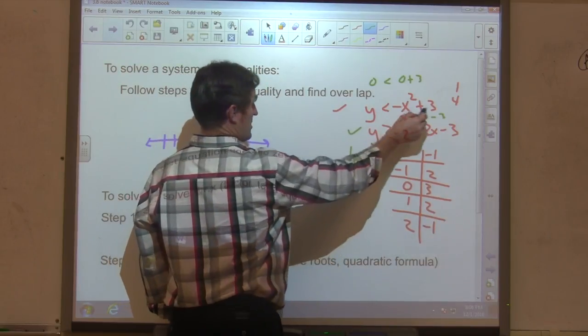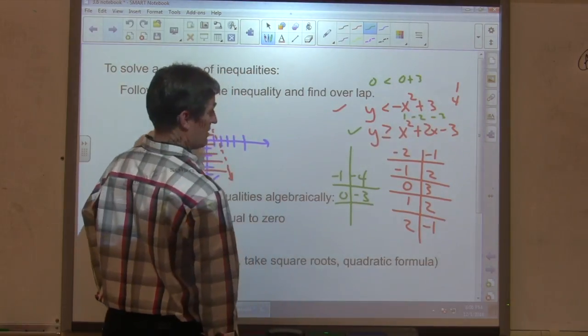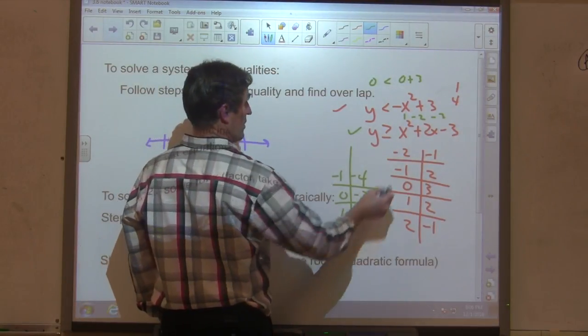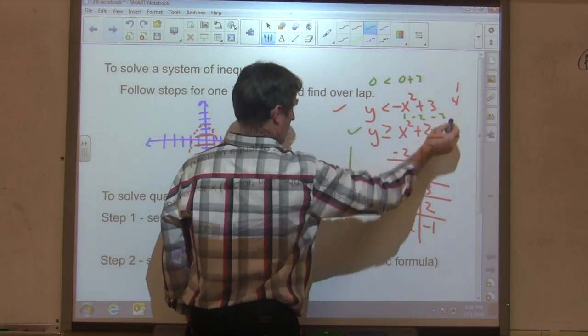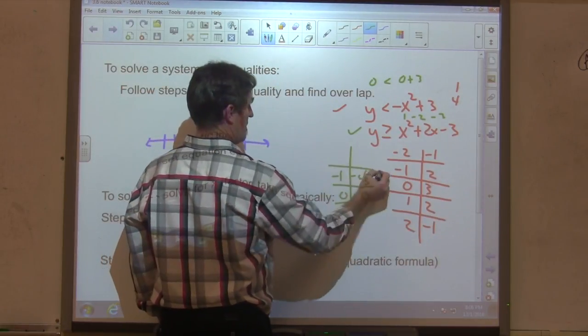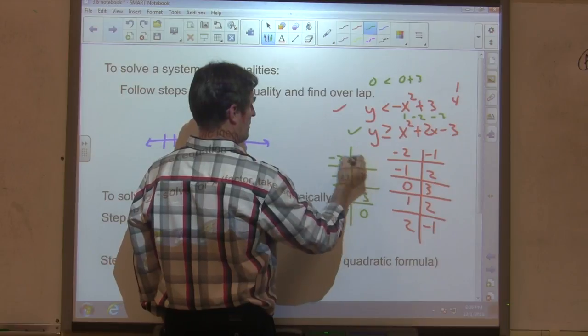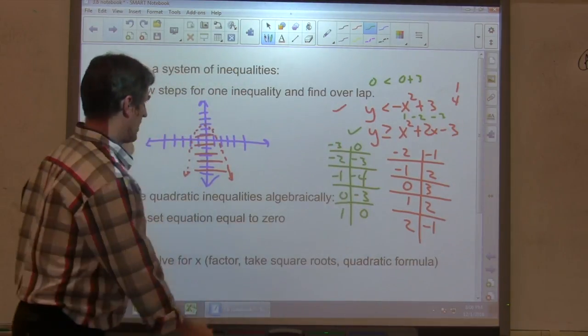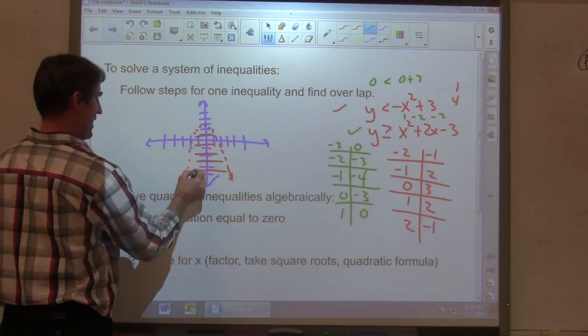Again, easy to check, 0 would give me negative 3. 1 times 4 would be 4, so it would go up 4, and so that would be 0. And so negative 2 would be negative 3, and negative 3 would be 0. And so this one at negative 1, we're at negative 4.